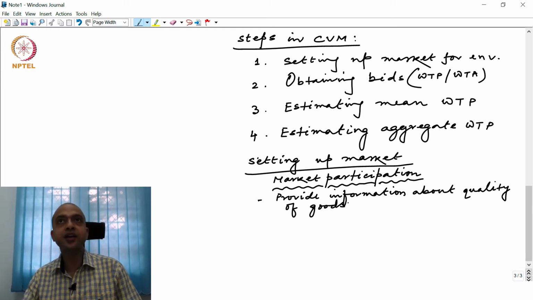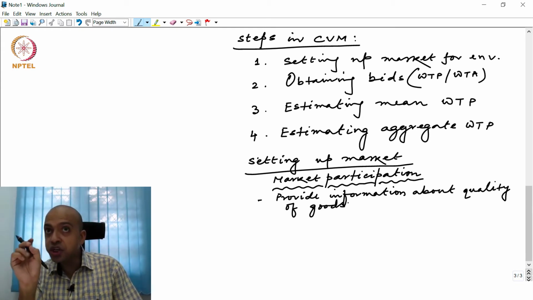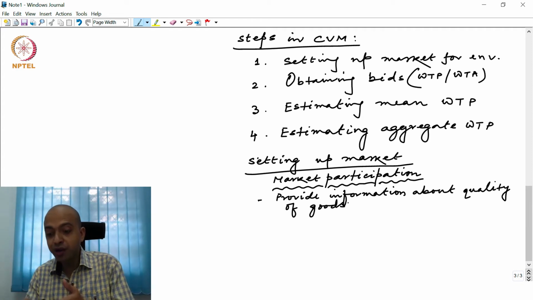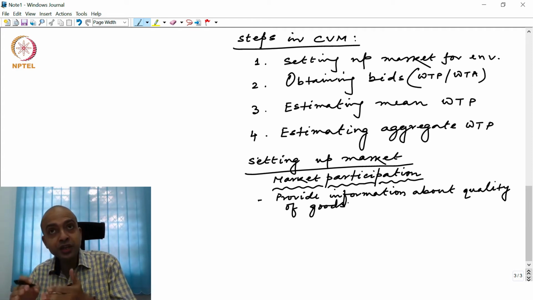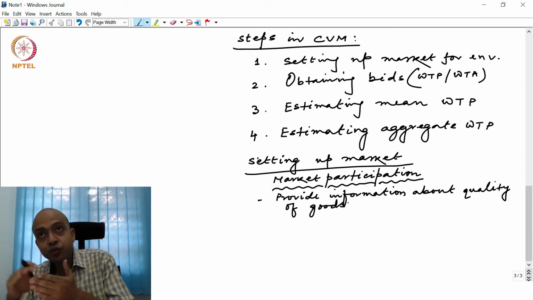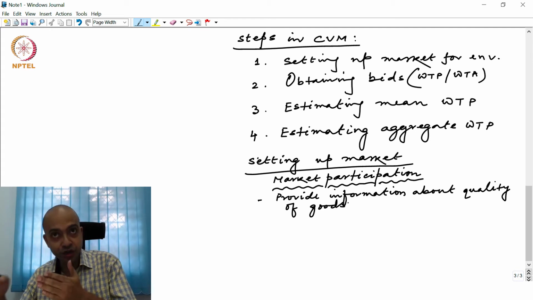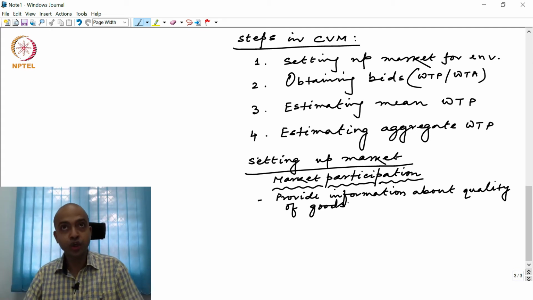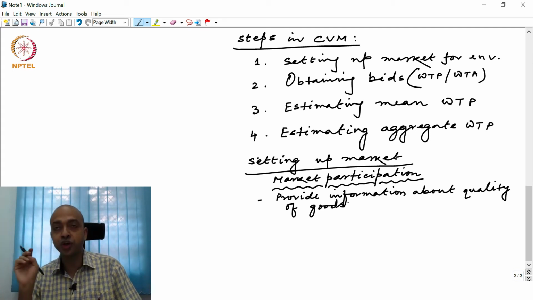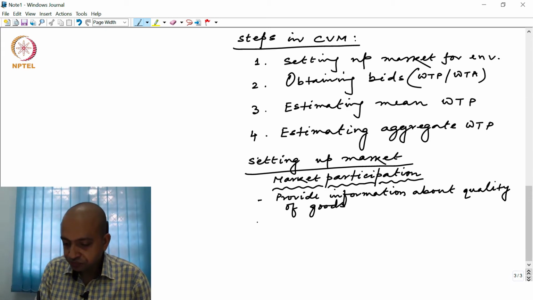That means there is a change from 50 to 100, which is a change in environmental quality or environmental good. That is the good we are talking about.